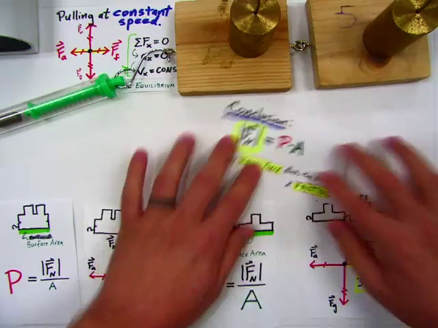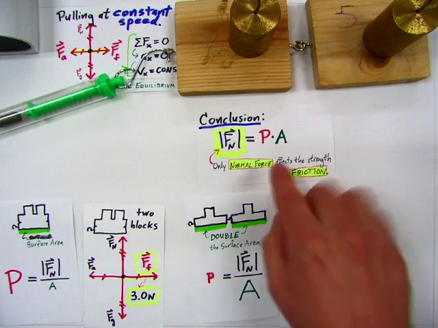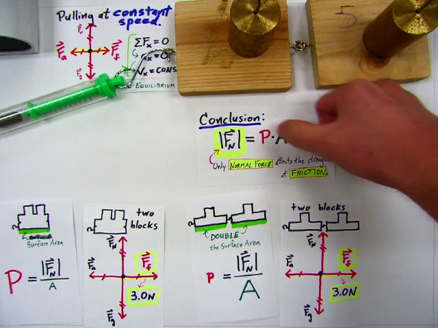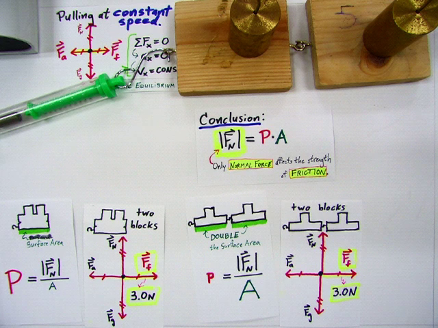Conclusion here: it's the normal force that affects the strength of friction. Not pressure by itself, not surface area by itself, but the product of the two, the normal force, that's what determines the strength of friction.